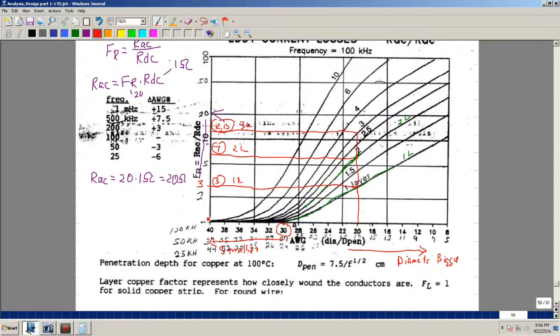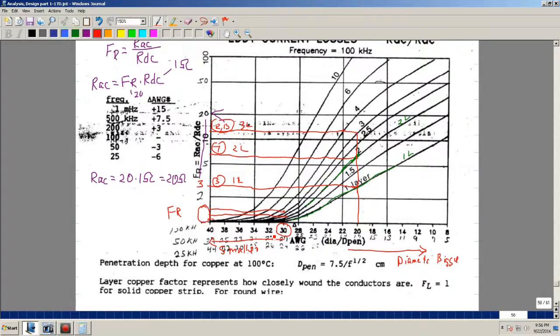The first layer is a little bit above 1, and if you go to 2, 2 is right there. 2 is above 1 but below 2, and the third layer would be right here, still above 1 but below 2. So the FR that you would get using a smaller diameter is much lower, so your losses are going to be lower.